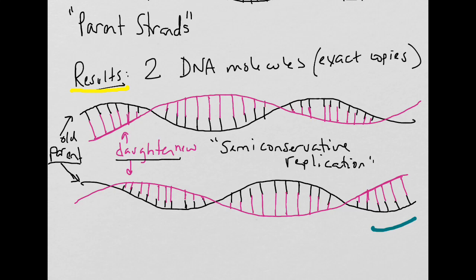So it is being copied, being built, and being twisted all within the same time frame. It doesn't all get built and then suddenly something twists it. It's a continuous process that builds and twists at the same time. Okay. When it's all said and done, these two DNA molecules will be absolutely identical.